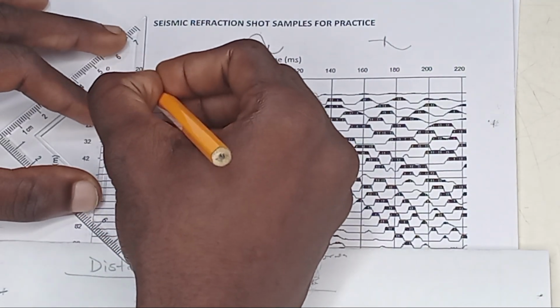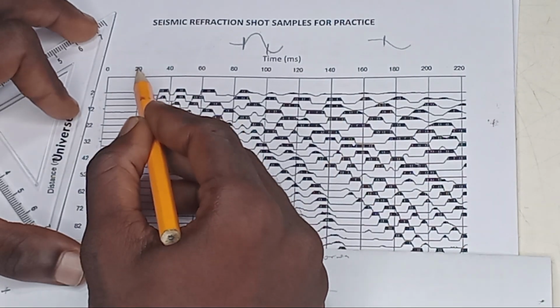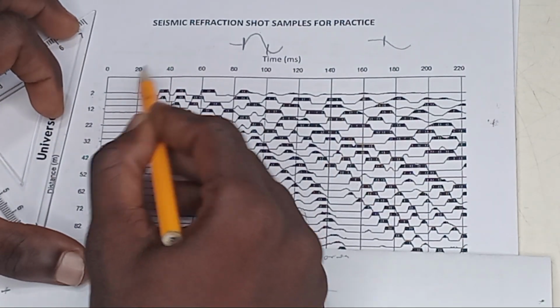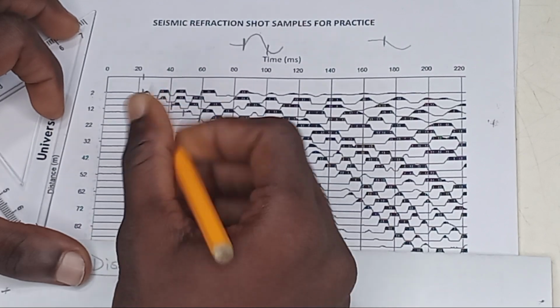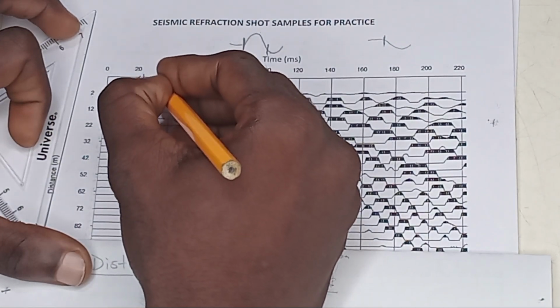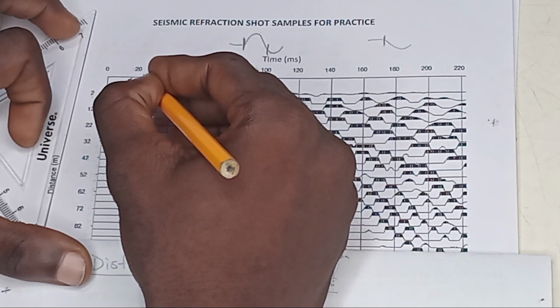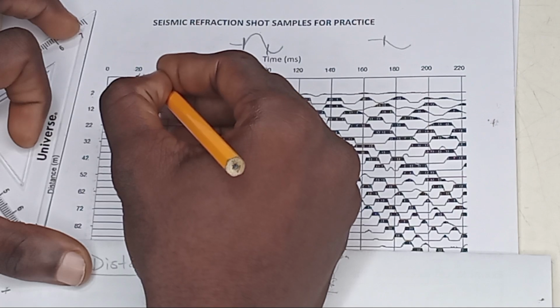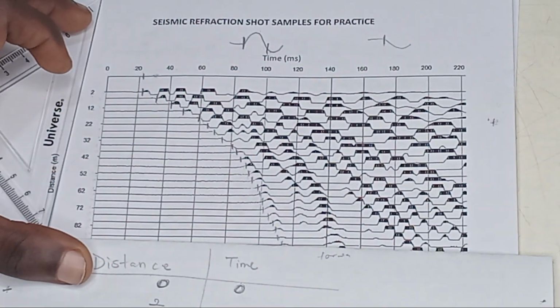You will now mark it up here. From here to here is 20, to here is 40, right? The midpoint of here will be like 30, right? And here is closer to this place, so it will be like 25. So let's say like 21, 22, for example.